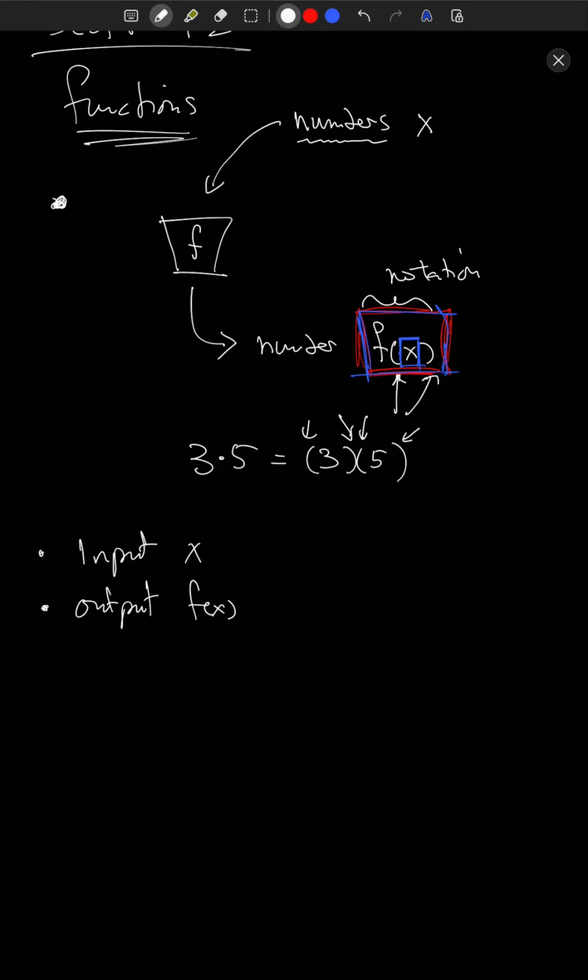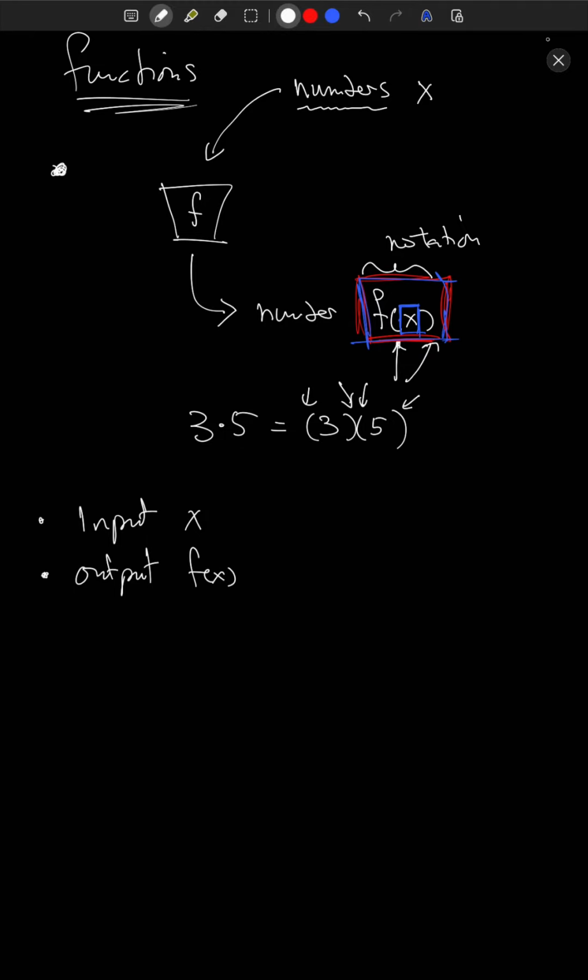Okay, so it seems like a very general description. You put something in, you get something out, and it is. But there's one rule that we have to have for a legal function. Given an input, there can only be one output.